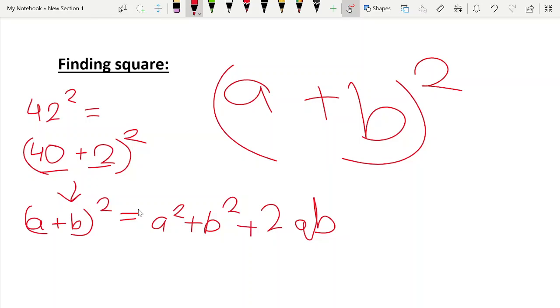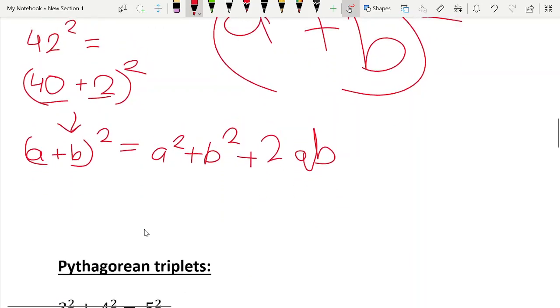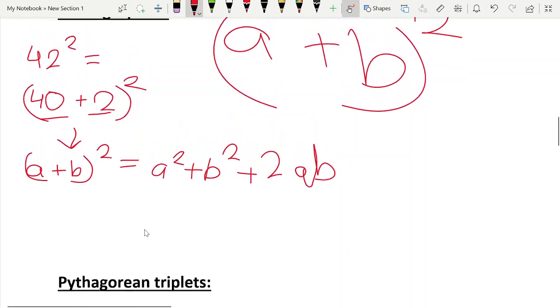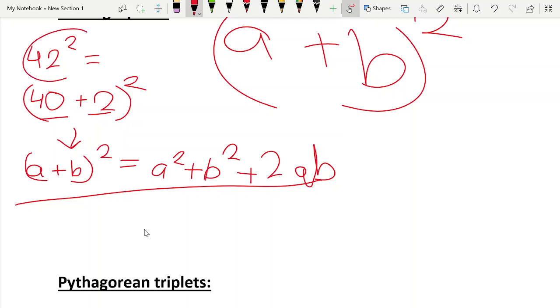Now what is a plus b whole square equal to? a square plus b square plus 2ab. Now that's a formula, and if you like I can do another video on proving it, but we'll see about that. But let's figure out the square of this number with that formula.